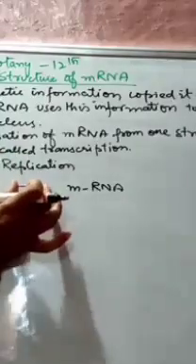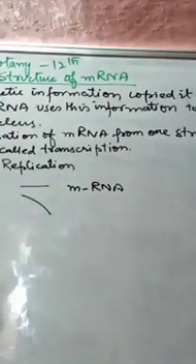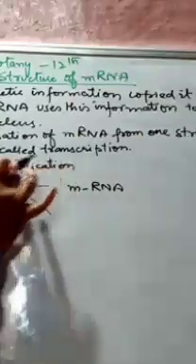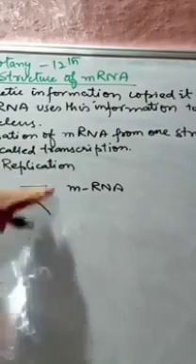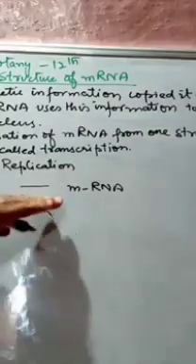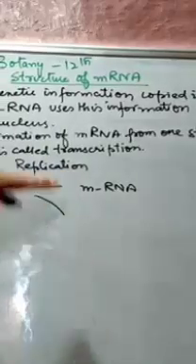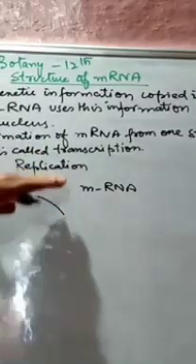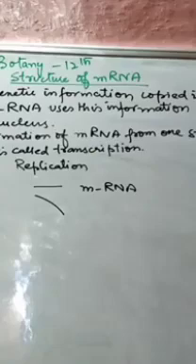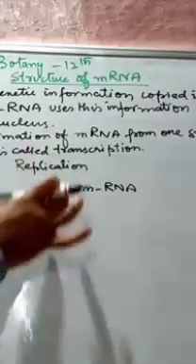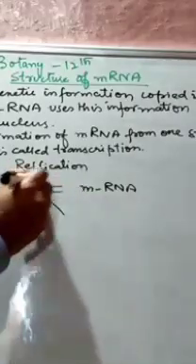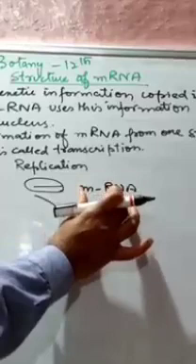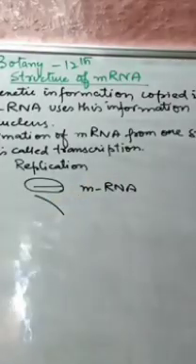I will repeat this. We know there are two strands of DNA, and when replication takes place, when breaking of these strands takes place, both the strands take apart from each other. But only one of these strands gives rise to the formation of this RNA, which is called the mRNA.